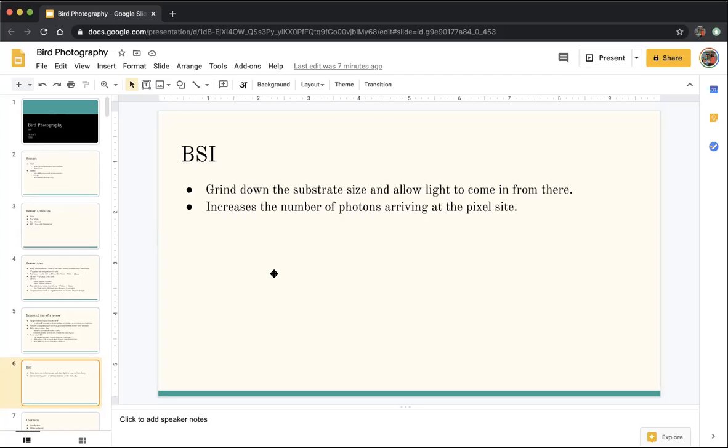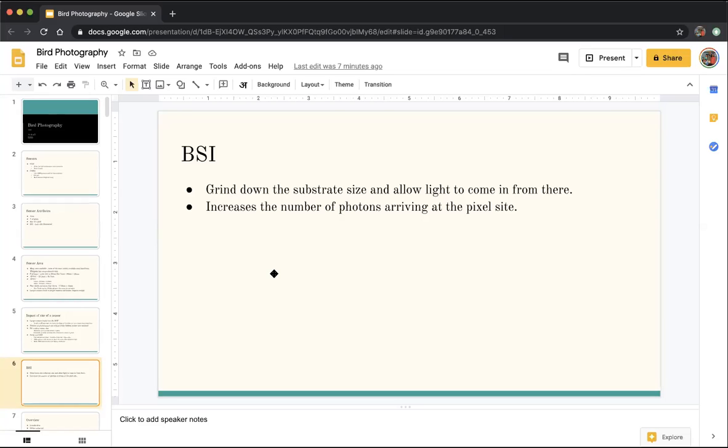In the sensors when they were first made, the light would be directed from the side on which it is metallized, and it would have to go through the layers of routing to get to the substrate.